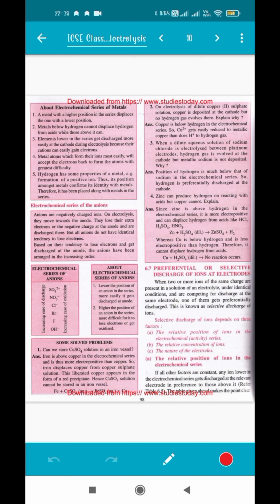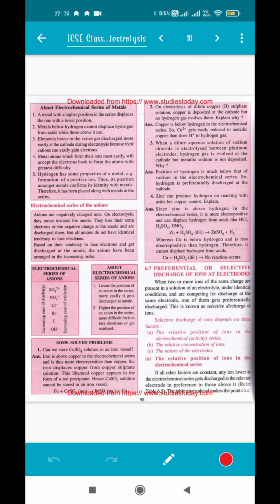The first one is the relative position of the ions in the electrochemical series. Based on its position, we can understand which ion will be discharged first or which ion will go to the cathode first. Second, the relative concentration of ions. If one ion is present in a larger quantity and the other ions are present in a very small quantity, what will happen, that also we are going to learn.